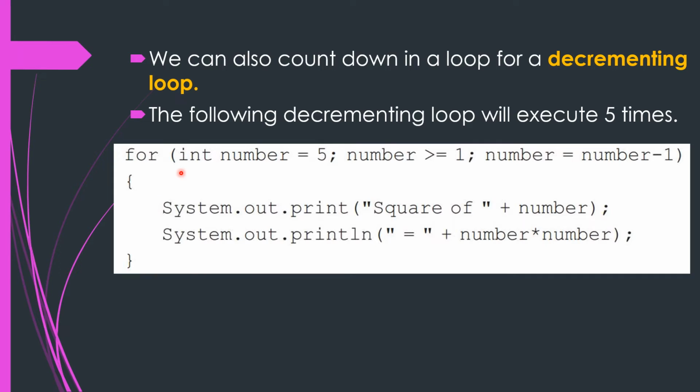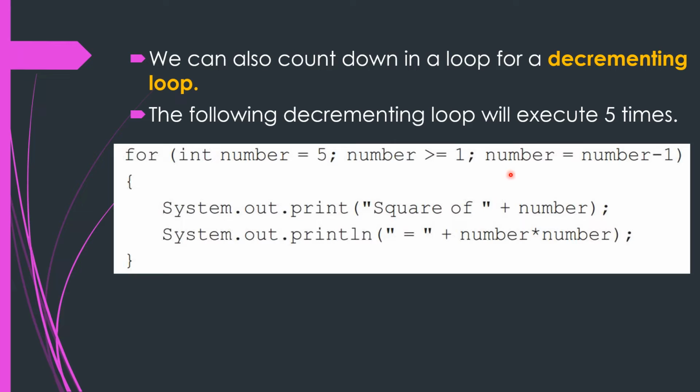So here in this part, what is the difference? The body of the loop is the same, that is, the statements which are going to be executed are the same. What is different is the expression after for. So let us discuss. Here we have initialized the number as 5 and not 1. And the test condition is number greater than or equal to 1.